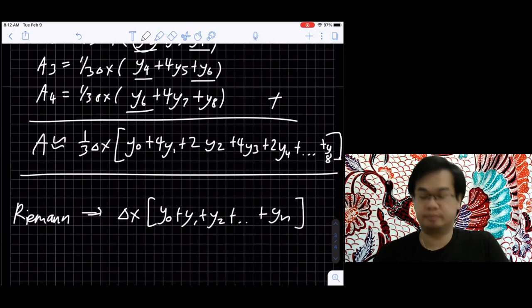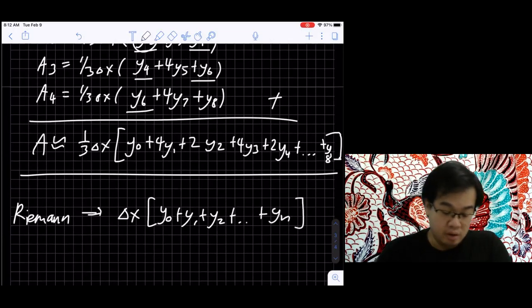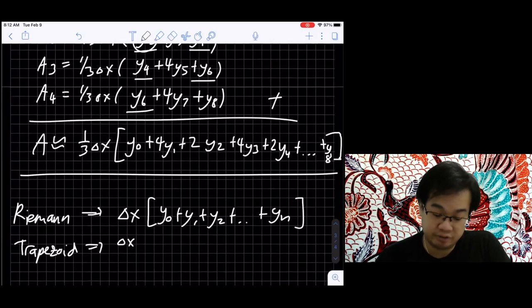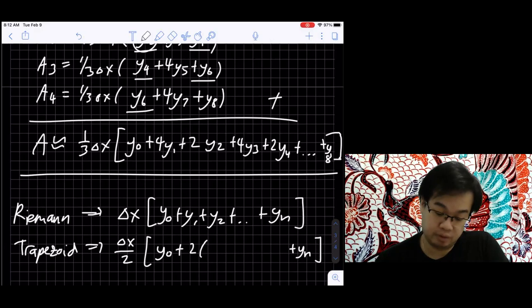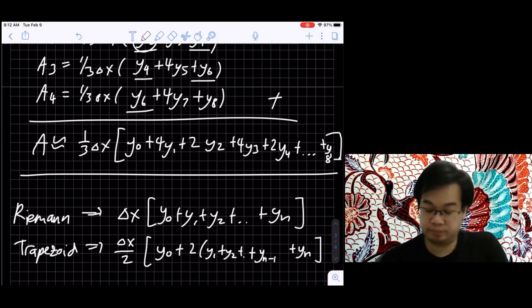Okay. For trapezoid, the formula is delta x divided by 2. We have y0, we have yn, and the middle is multiplied by 2: y1, y2, until yn minus 1.